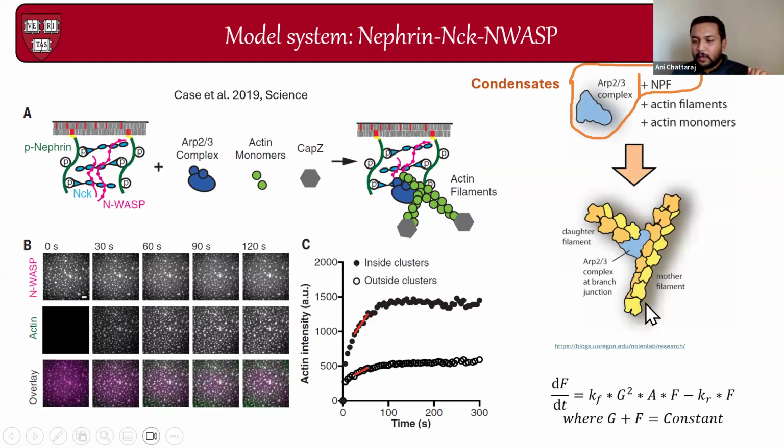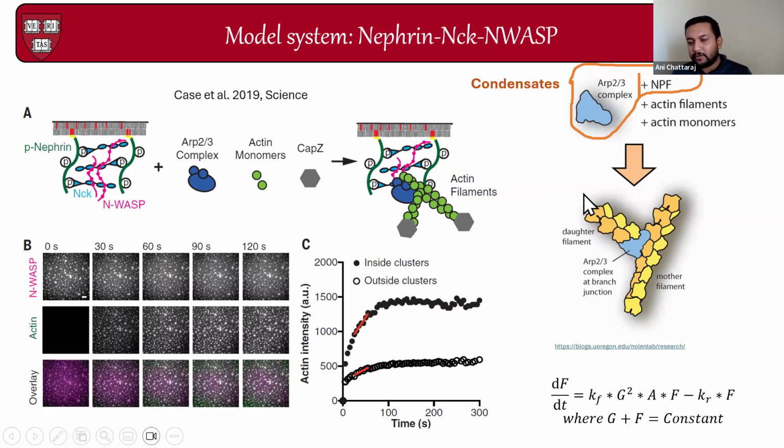We have this actin polymerization module here, which can be captured by a simple ODE-type equation. We need some kind of actin filament, which is a pre-existing filament. This Arp2 molecule sits on top of this filament and initiates another branching process. So if we write an ordinary differential equation for F-actin, it would look something like this.